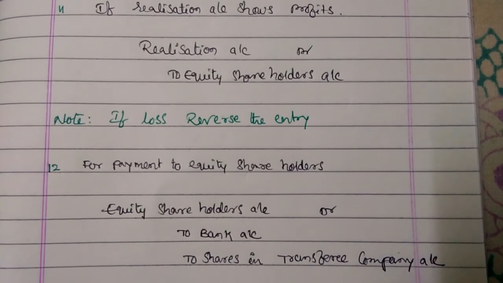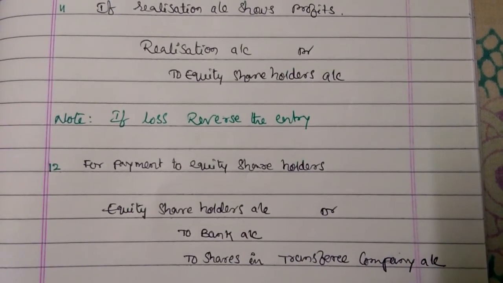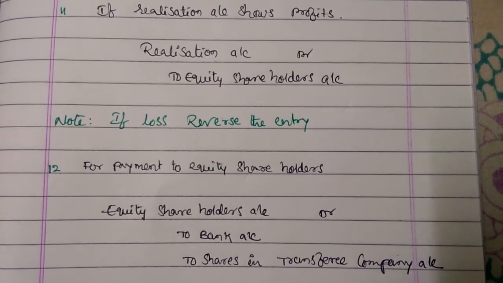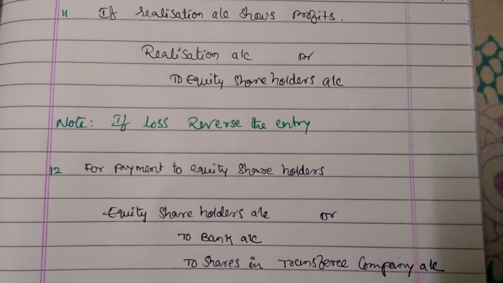So these are the journal entries in the transferor company. In the next video we will give the journal entries for the transferee company. All the best.